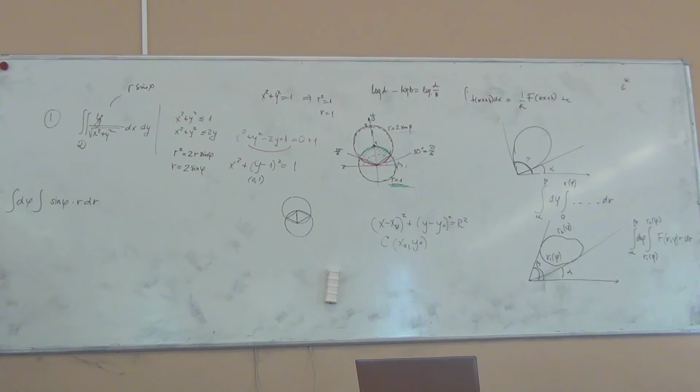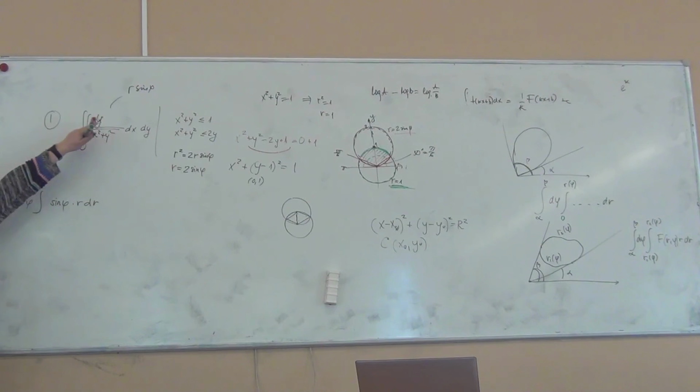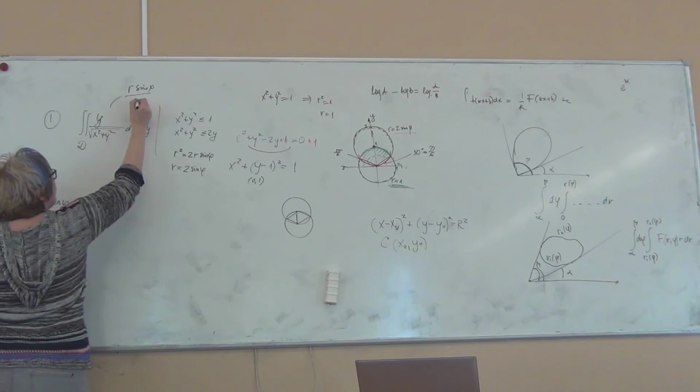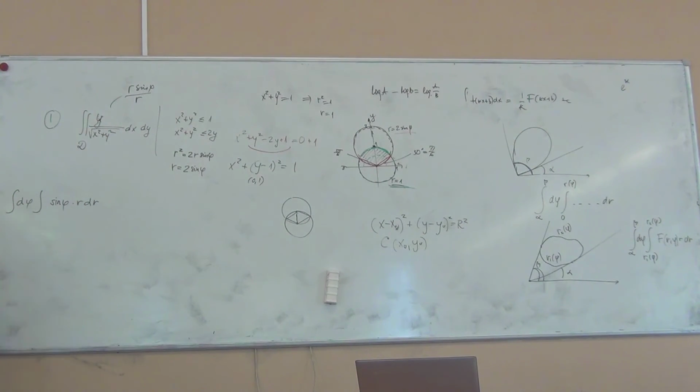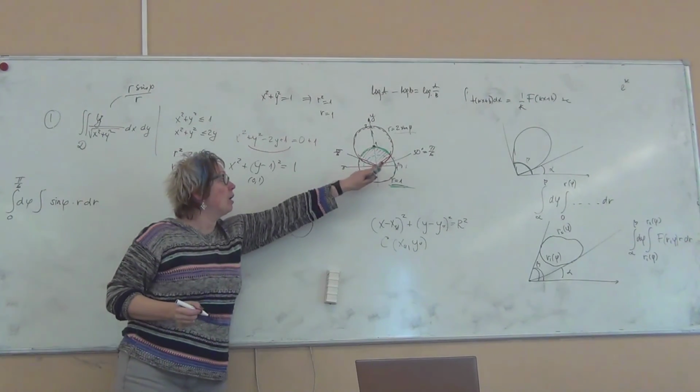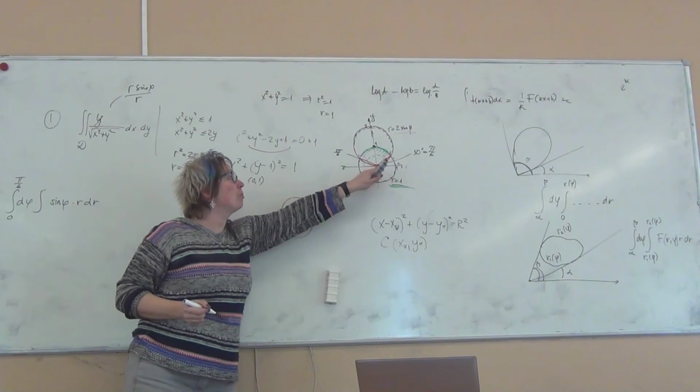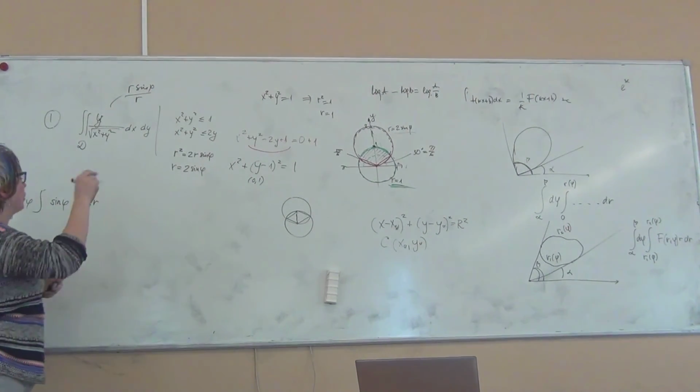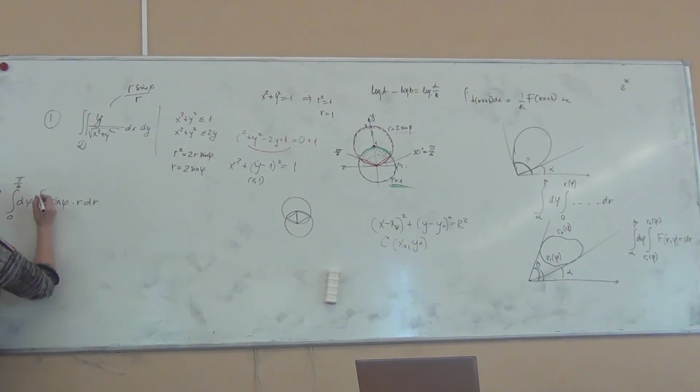So the first part will be from 0 to pi over 6. It's this part, the red part. And the radius will go from 0 to 2 sine phi.